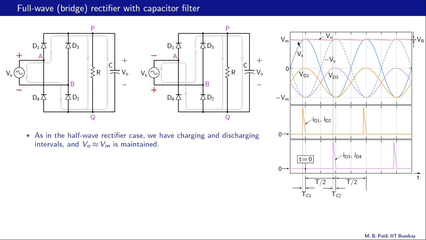Vs goes from plus Vm to minus Vm, and that is the output voltage, the one shown in the pink graph. The output voltage is nearly constant, but there is a small ripple, the difference between the maximum and minimum output voltage levels. That's called VR.